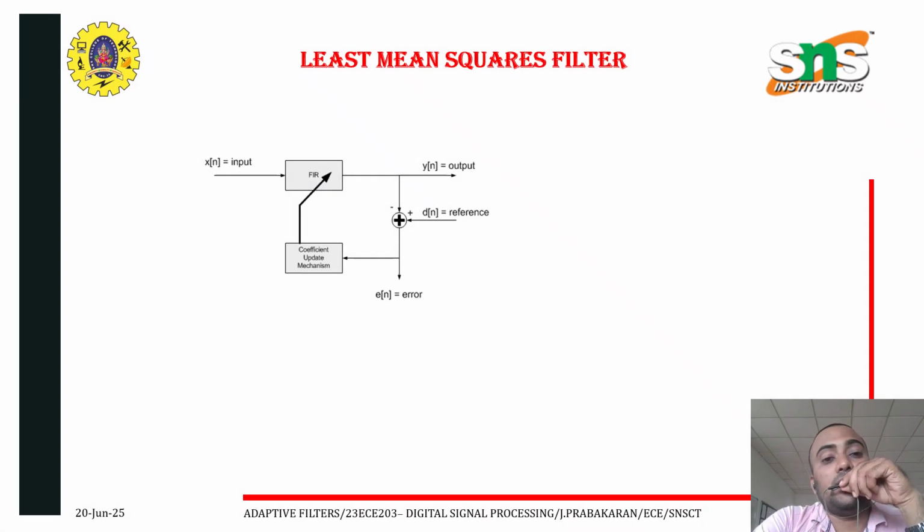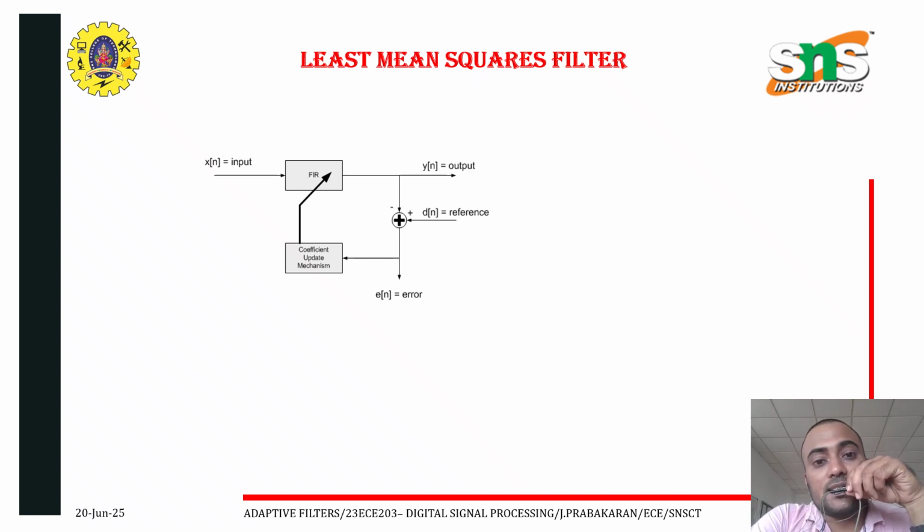Next is the least mean square filter. Already we discussed what the least mean square algorithm is, and here you can see the block diagram of the least mean square filter. The input signal x of n is filtered by the FIR filter to produce y of n.